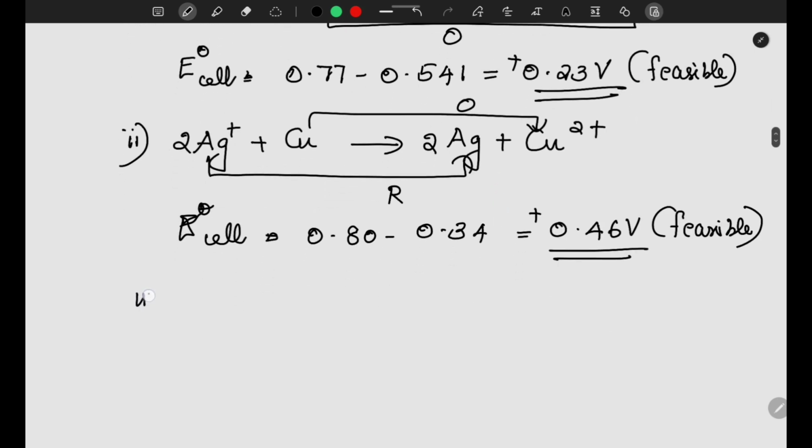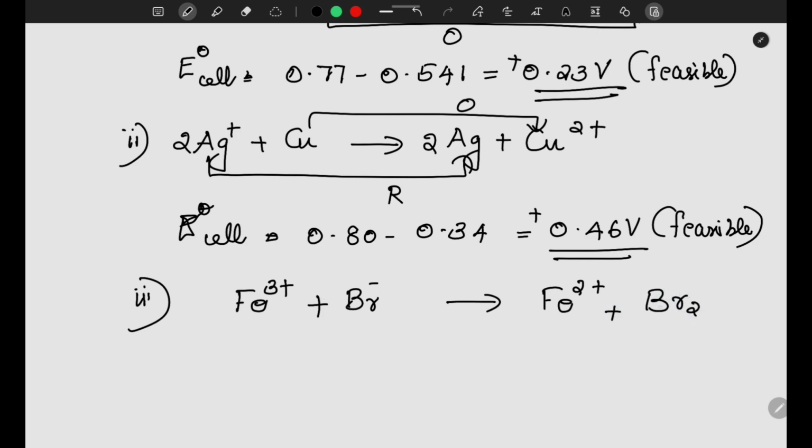And third one, we have to check the feasibility between Fe3+ and bromide, Br-. So Fe3+ will undergo reduction to Fe2+ and Br- is undergoing oxidation to Br2, so half Br2.